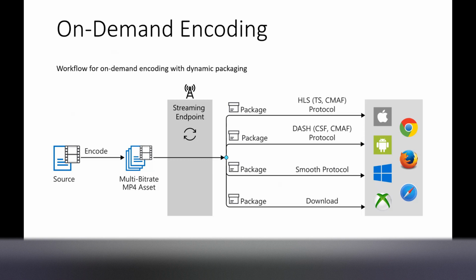Some devices may only download, some may use what they call smooth streaming, where as the bandwidth improves they can adjust the resolution, things like that. All of these things it supports through this multi-bitrate.